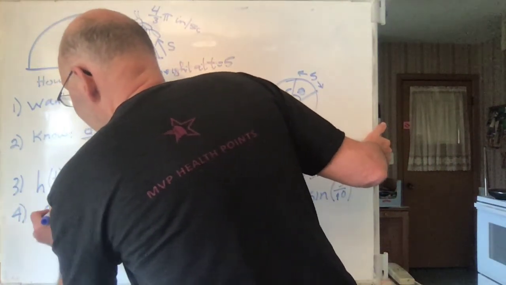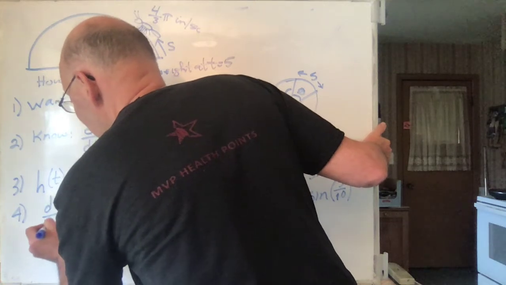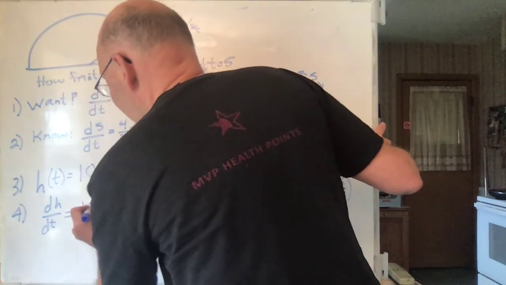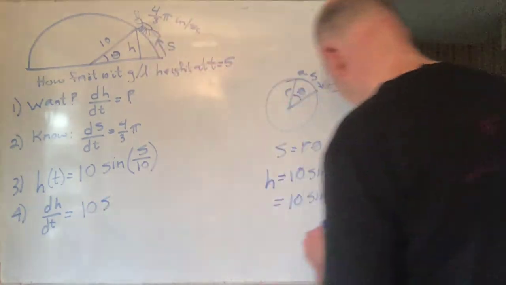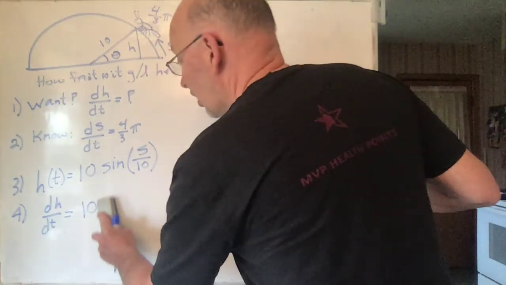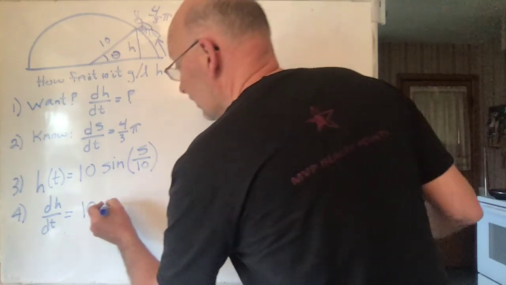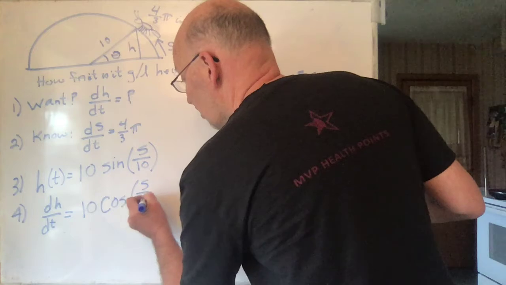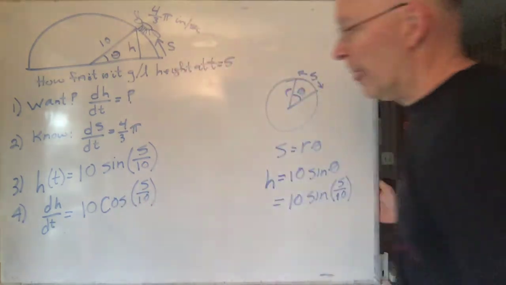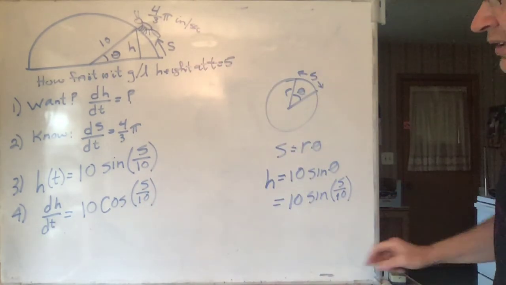And so we're going to get dh dt is equal to 10. The derivative of the sine of anything is the cosine of that thing, times the derivative of the thing inside.